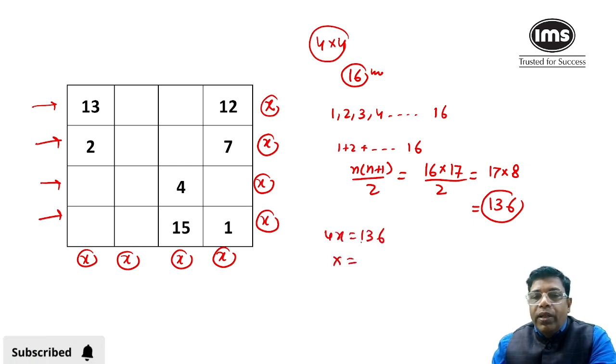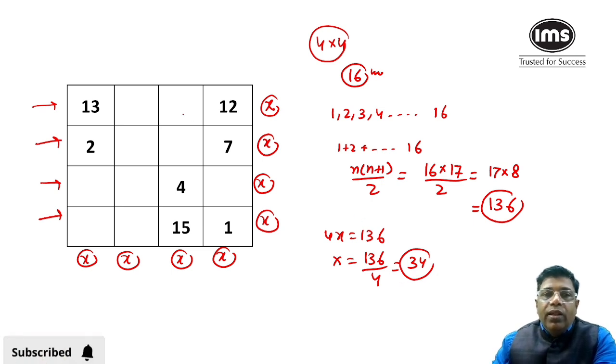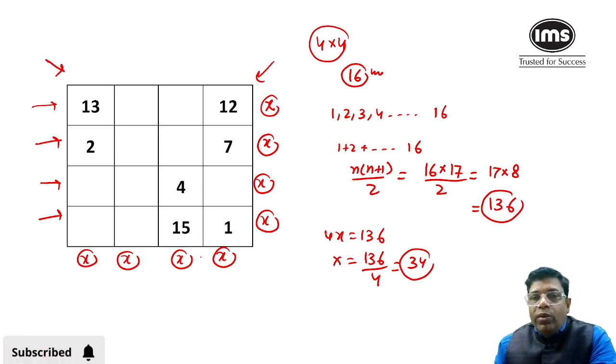So x will become 136 by 4. So 4 threes are 12, 34. So what I should ensure is that every row and every column sum should be equal to 34, as well as these diagonals will also be equal to 34.